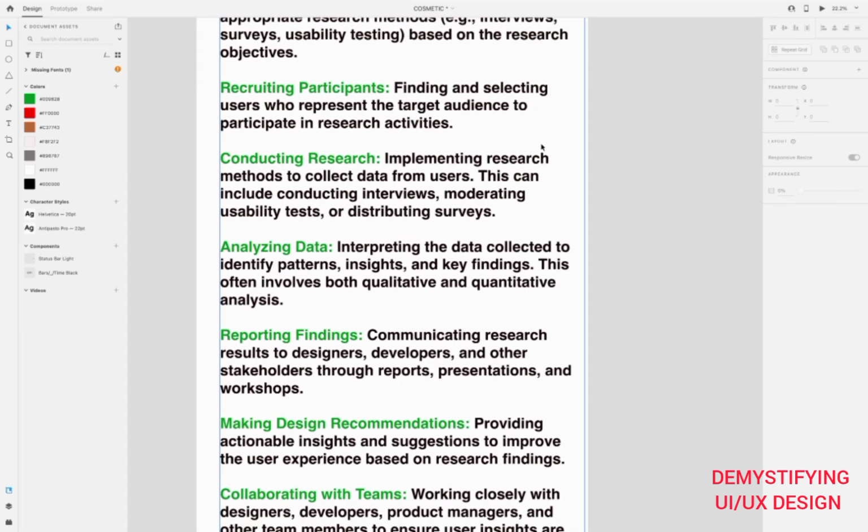Making design recommendations: providing actionable insights and suggestions to improve the user experience based on research findings. Remember, you take your survey from the users and you take your average. That means you really know what the users want. You might have taken from a good number of people before you can come to a conclusion about what they want from this particular project.